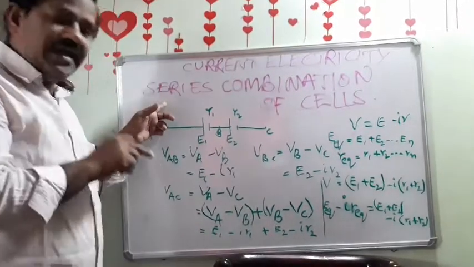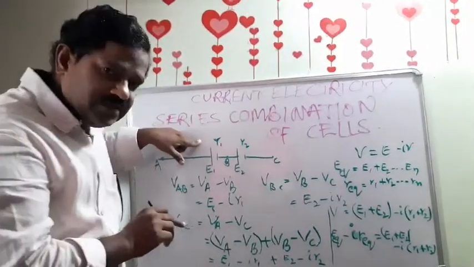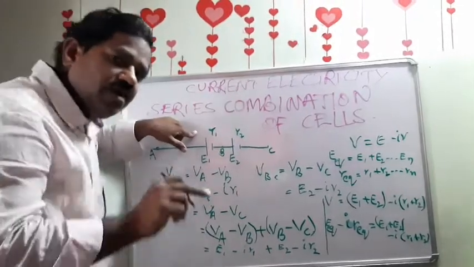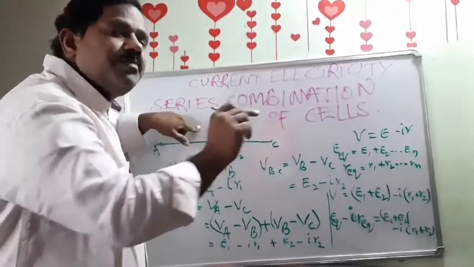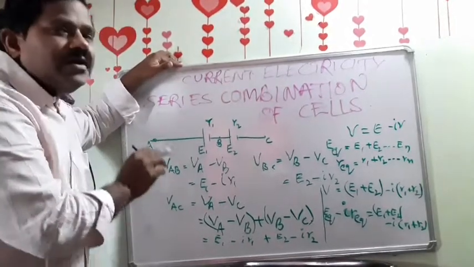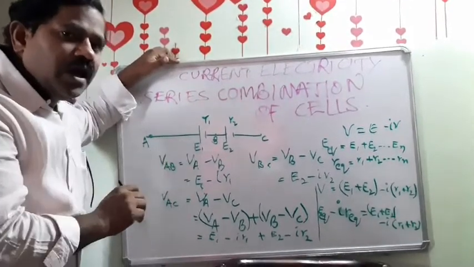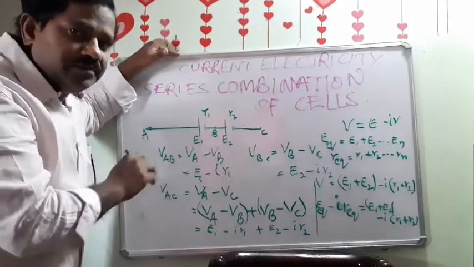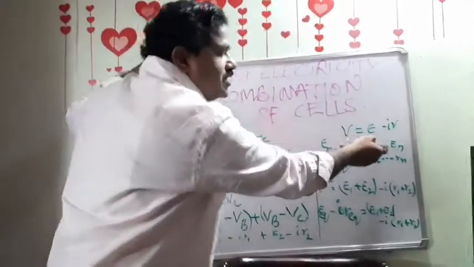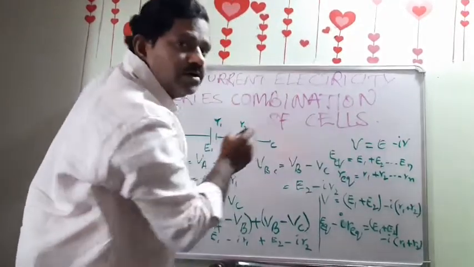If there are n cells, each cell having EMF E and internal resistance R, then the combination will have an EMF E plus E plus E and so on n times, and net resistance R plus R and so on n times.